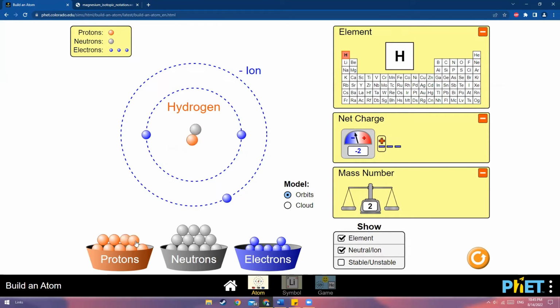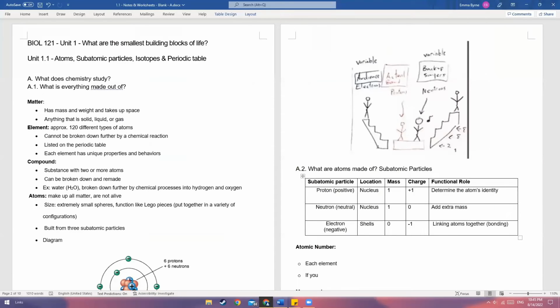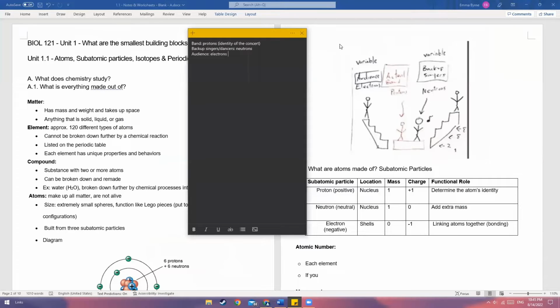The band has disbanded. So we've removed a couple protons. That's changed the identity. So now it's just the drummer, Dave Grohl, and he goes on to create the Foo Fighters. So we've changed the identity of the concert here because it's a different band now. It's a different atom.